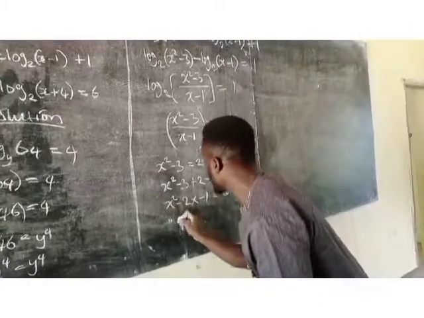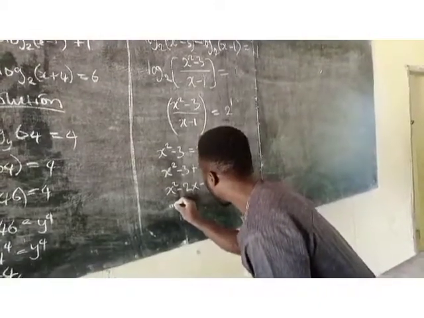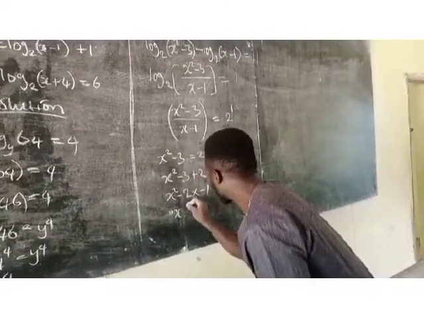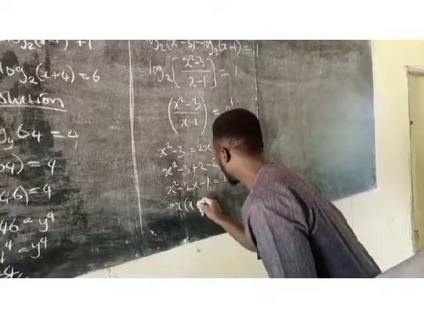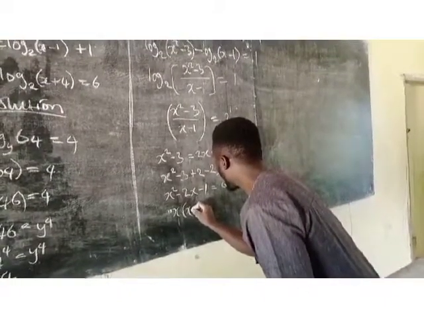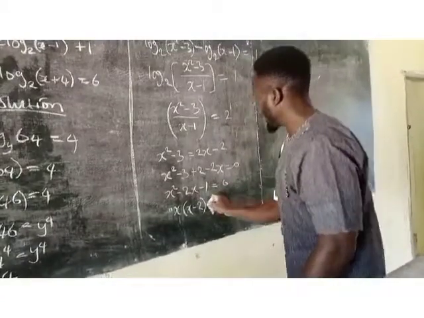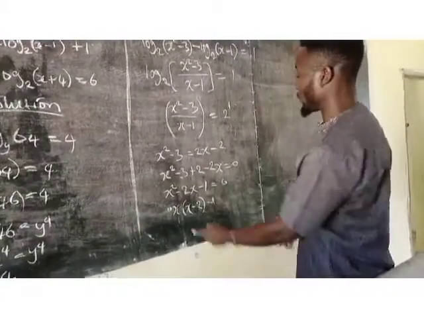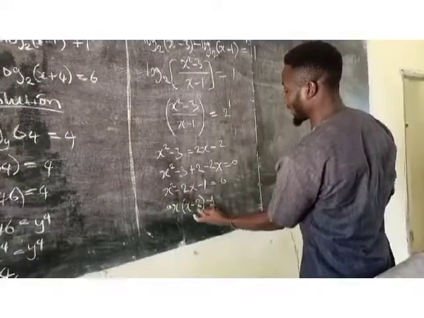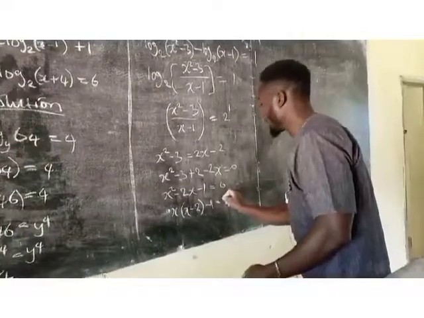And this is the same thing as x into x minus 2 minus 1. When we multiply this by this, you have this by this, which is equal to 0.